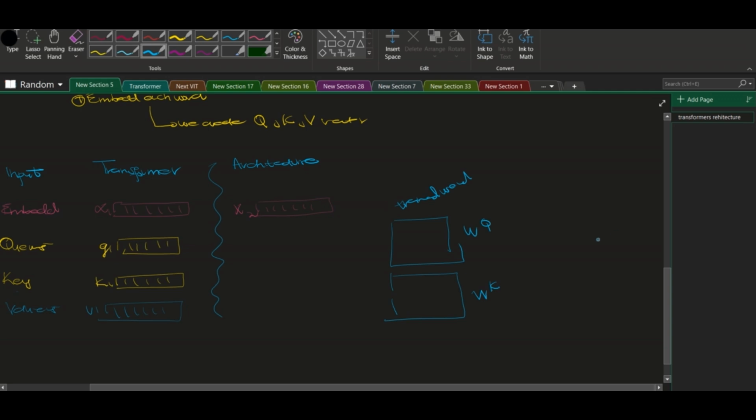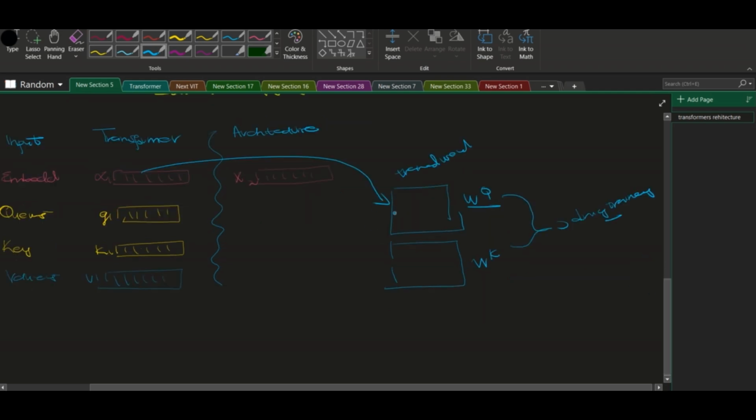So these are learned during training. We learn these during training, and essentially we take this x, multiply it by this weight, and we create a query. We take this, we get this key.